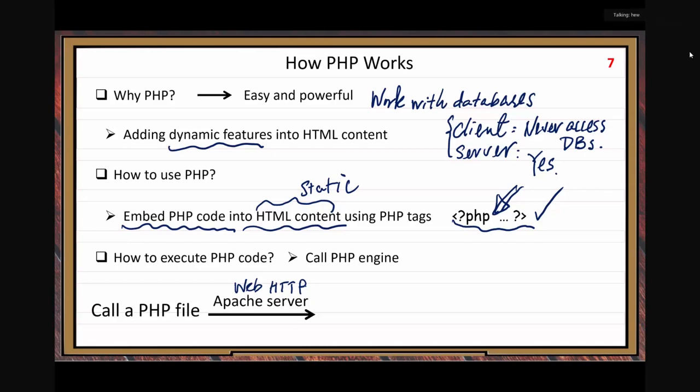So the first thing the server needs to do is detect if the file is a PHP file. How to detect? Use the file extension. For a PHP file, we must use the .php extension in the file name to tell the server this is a PHP file. If you do not use the PHP extension, the Apache server won't treat it as a PHP file.